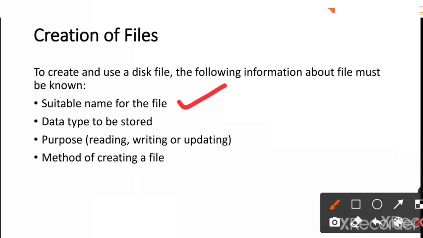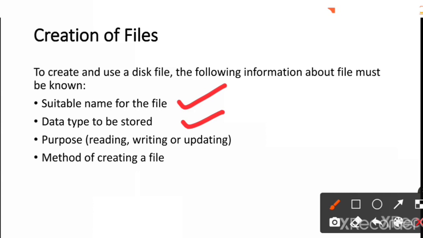Then we have to think about the data type to be stored. The data type is important to decide the type of file stream classes to be used for handling the data. We should decide whether the data to be handled is in the form of characters or bytes or at the primitive level.